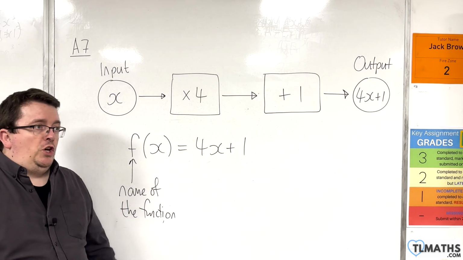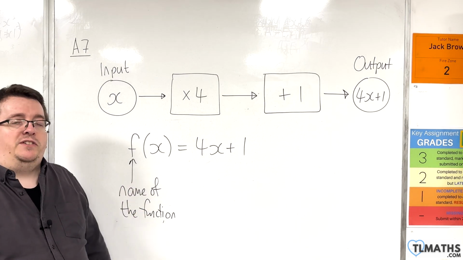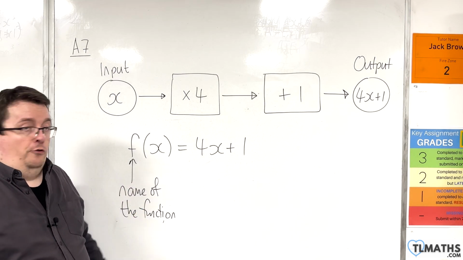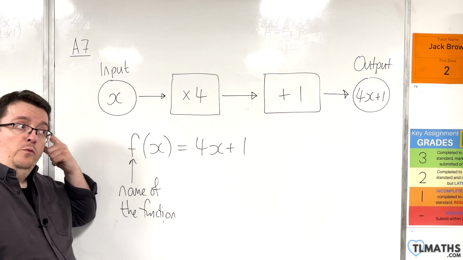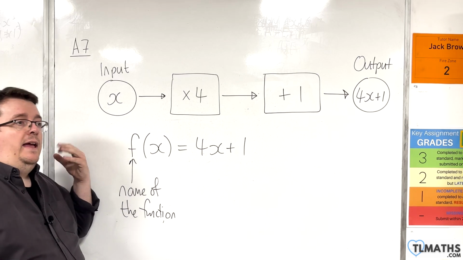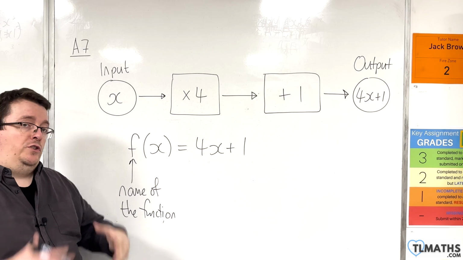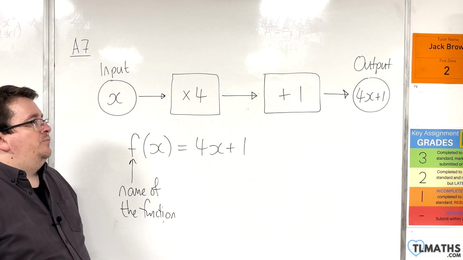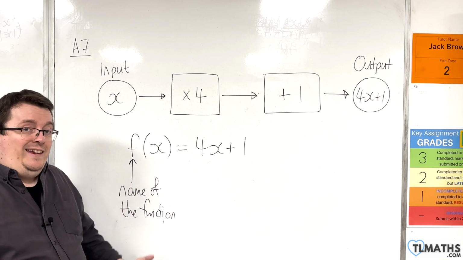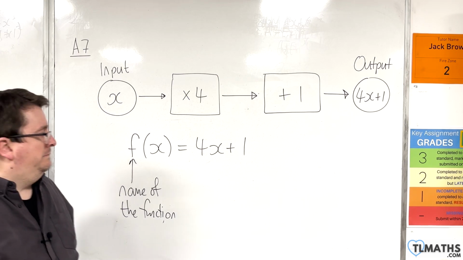So usually, traditionally, we start with f for function, but if we've got more than one function, then we might say g is the next function, so we have g of x. Then you might use h of x for a third function.